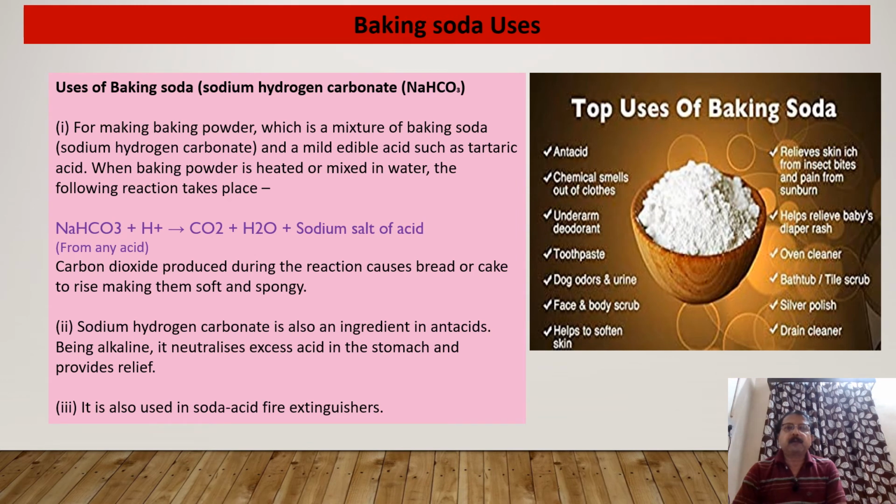Here we are continuing from the previous slide. We'll learn what baking soda is used for. Baking powder is made from a mixture of baking soda, that is sodium hydrogen carbonate, and a mild edible acid such as tartaric acid.